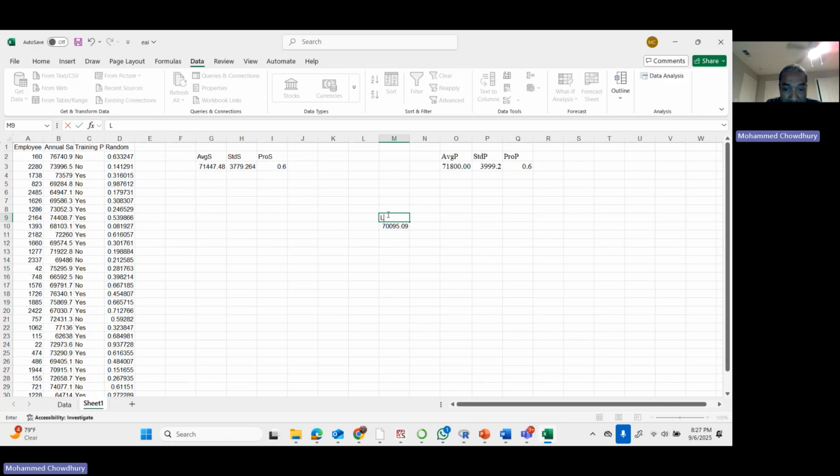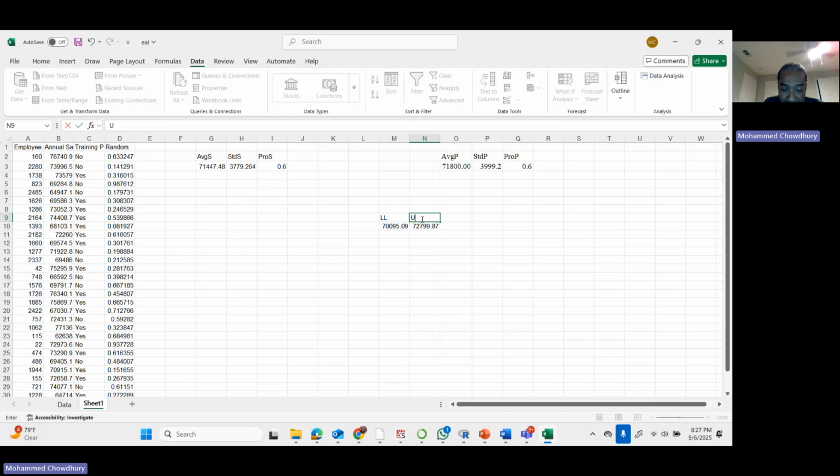So I got 70,000 like this. This is the lower limit, and then the upper limit I want to consider here. This is the average, and then this is the plus sign, 1.96 times the standard deviation divided by the square root of 30, and in that way I got this. So this is called the upper limit.